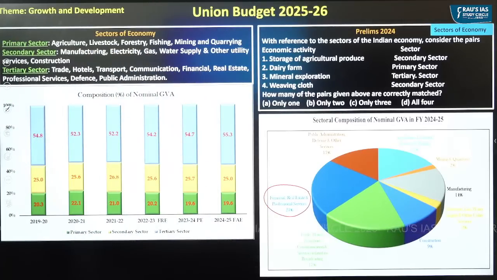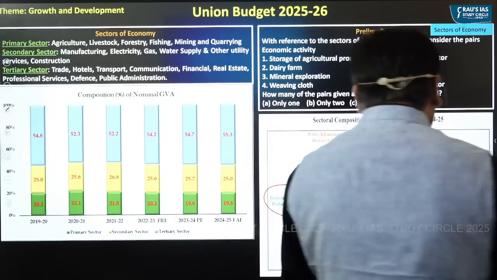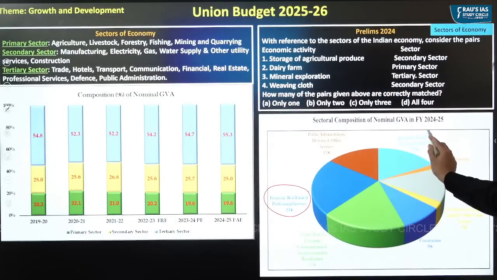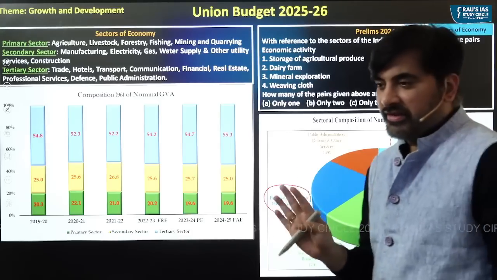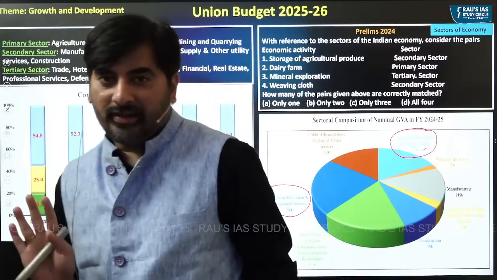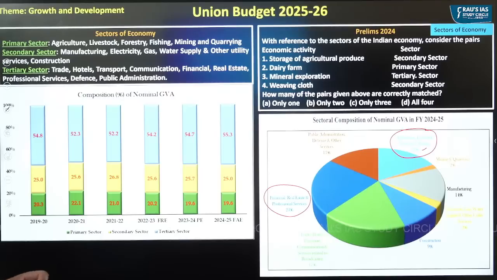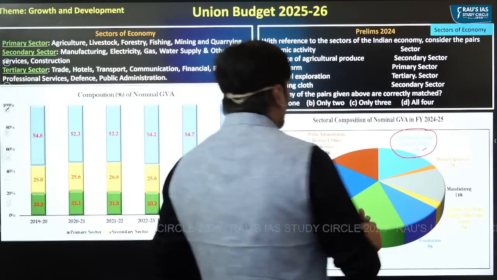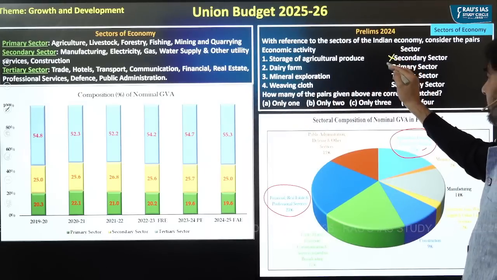This contributes the highest, and it is followed by agriculture, livestock, and fishing, which is 18%. This is something which is important for your prelims examination. Look at the question asked in prelims 2024. Storage of agricultural produce is actually part of the tertiary sector. It is not part of the secondary sector.